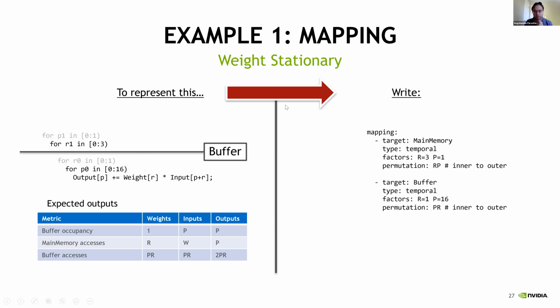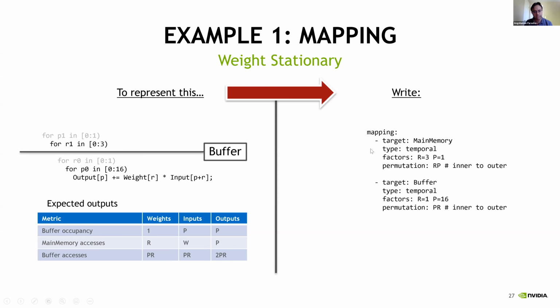Okay, so how do we represent this? It's very simple. We already showed you how to target the buffer. You now need to create another segment of the mapping spec that targets the main memory. And remember what I said, nominally, a target of main memory means you're talking about the data movement between main memory and the level underneath it, which happens to be the buffer.